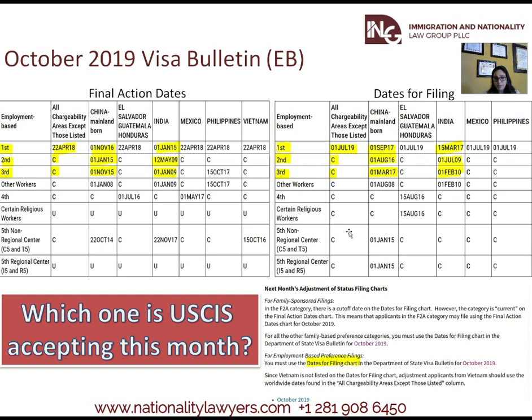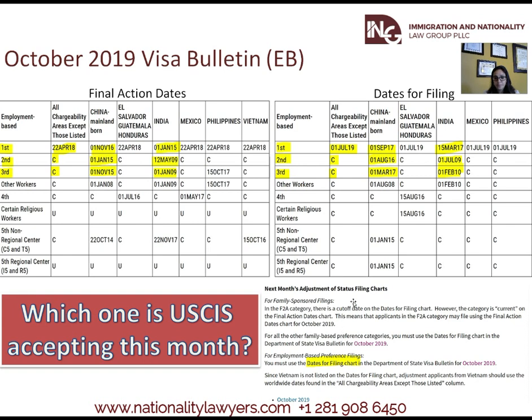where USCIS will tell you what chart you're going to have to utilize in order to actually file your application with USCIS. So for example, for the October 2019 filings, people can refer to the dates for filing for both family-sponsored filings and employment-based preference filings, except of course for the family-based F2A.